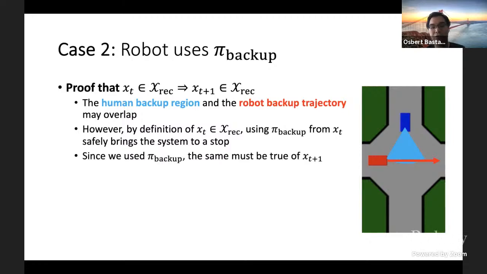And since we, in fact, use pi backup, the same property must be true of x_{t+1}. So x_{t+1} must also be recoverable. If we continue using the backup policy from x_{t+1}, we must again safely bring the system to a stop. This step follows as well. And together with the previous case, this proves the theorem. So basically, we've proven that the shielding policy ensures safety for the entire horizon.